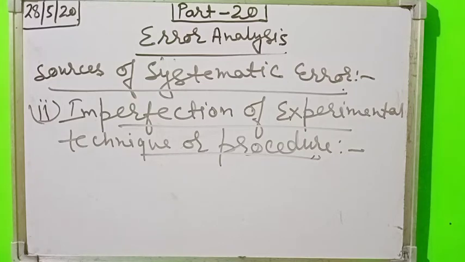It means that you are not performing the experiment properly, or the experimental technique is imperfect, or the procedure you have adopted for the measurement is not an appropriate procedure for the measurement.